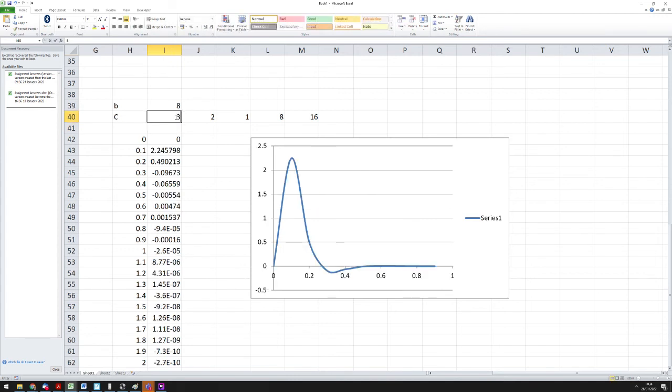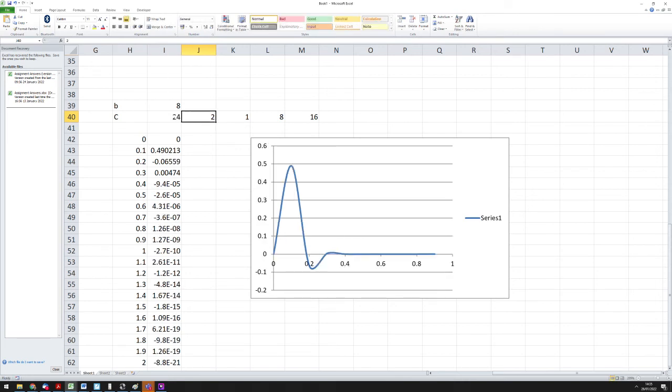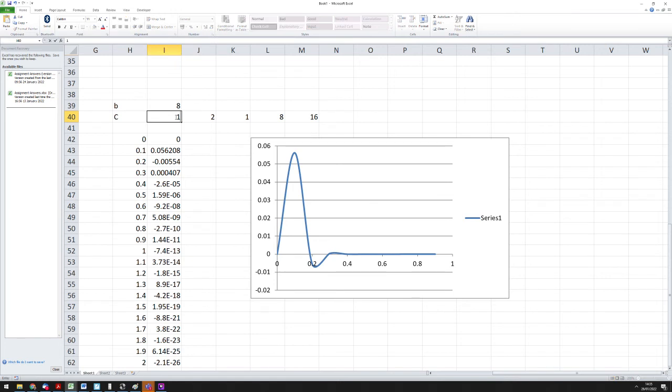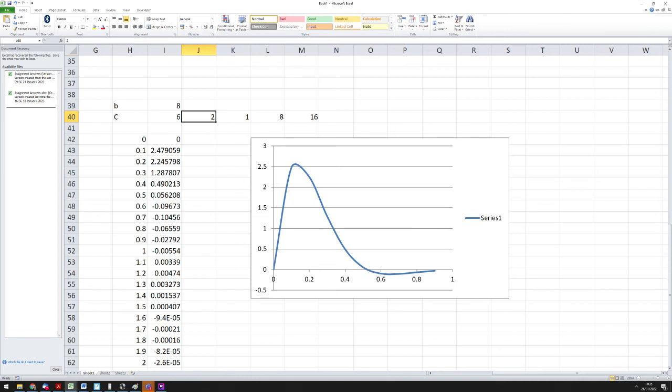Yeah, let's say 36. So you can just throw numbers in here. I wonder where it changes over. 24, 30, 12, 6. So what happens as I make C smaller?